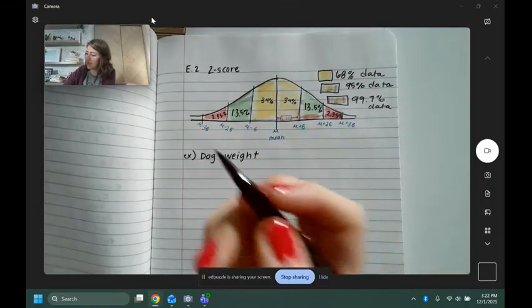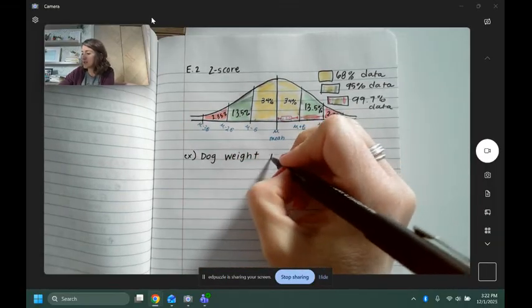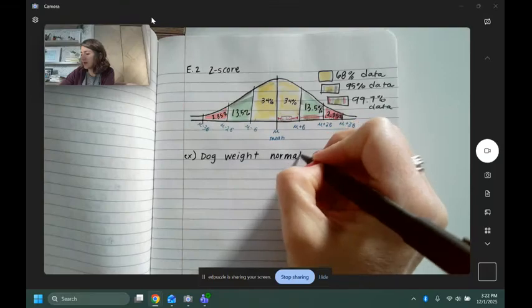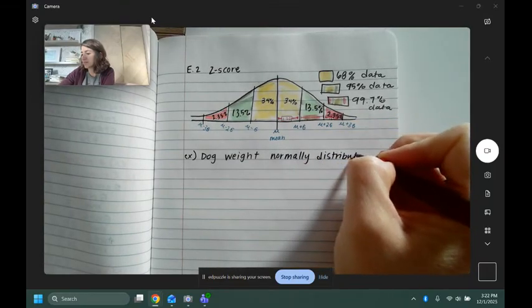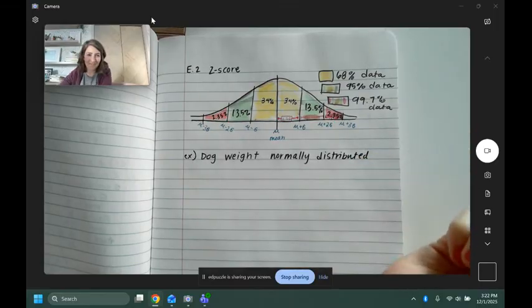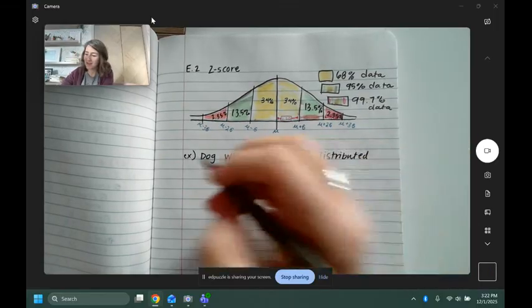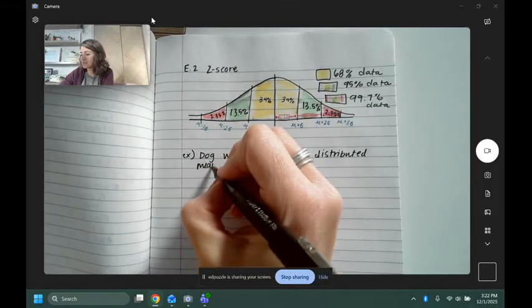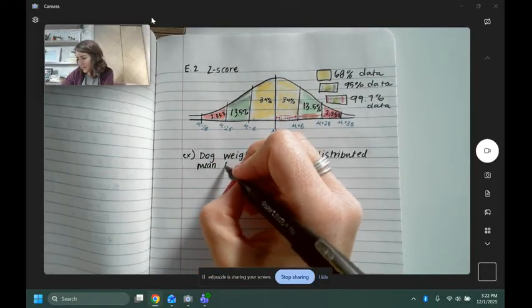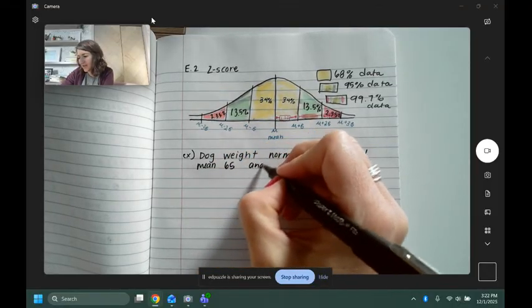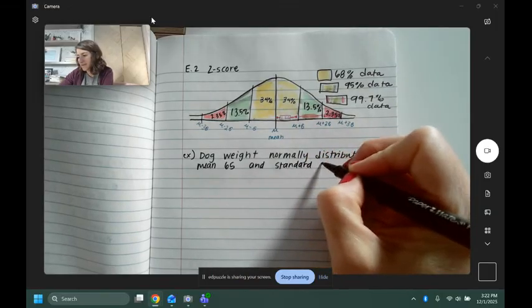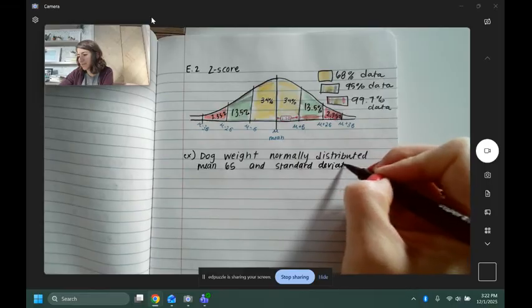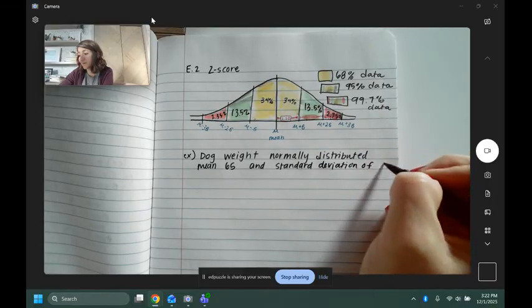So let's say I have a dog weight that is normally distributed, maybe in just a doggy daycare place, with a mean weight of 65 and standard deviation of 5.